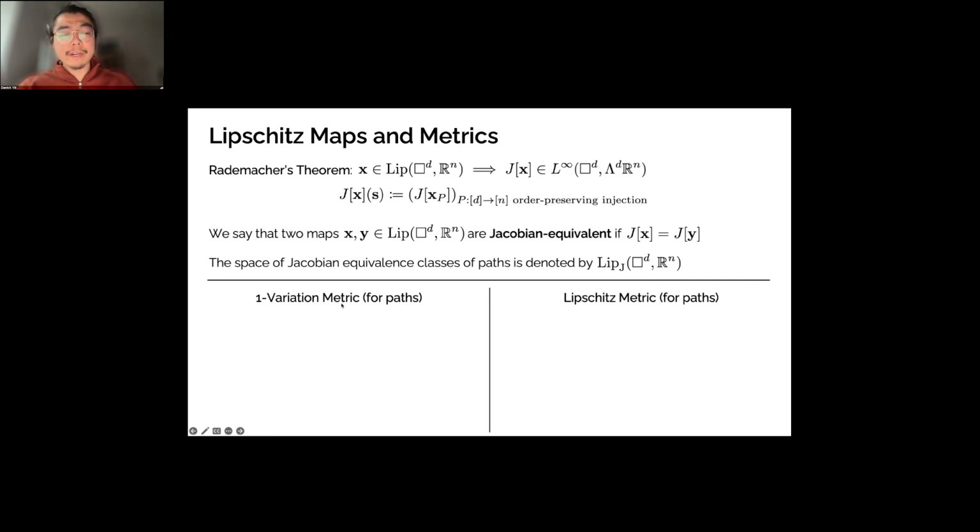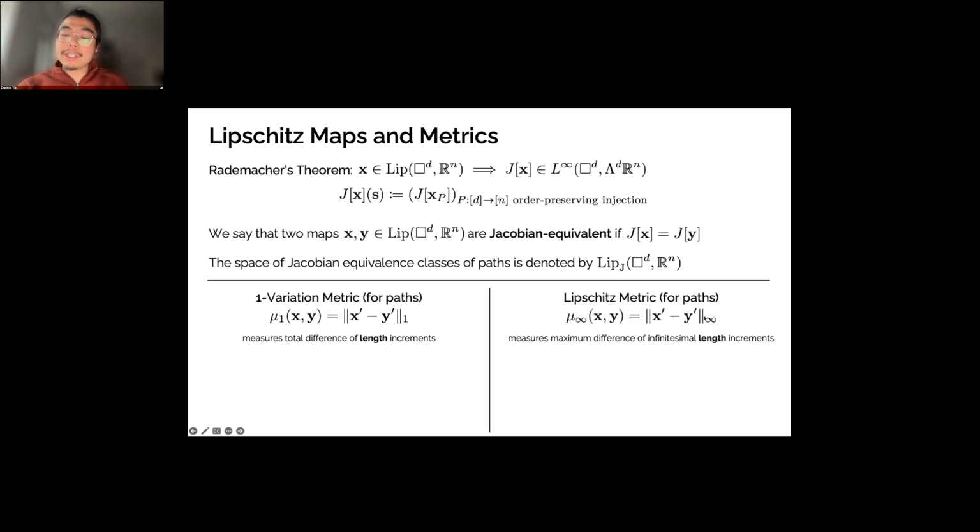Two very common metrics for paths are the one variation metric, which in the Lipschitz setting is just the one norm of the difference between their derivatives, measuring the total difference between length increments. Another common metric is the Lipschitz metric, which is the infinity norm on the difference between derivatives of the path, measuring the maximum difference between infinitesimal length increments.